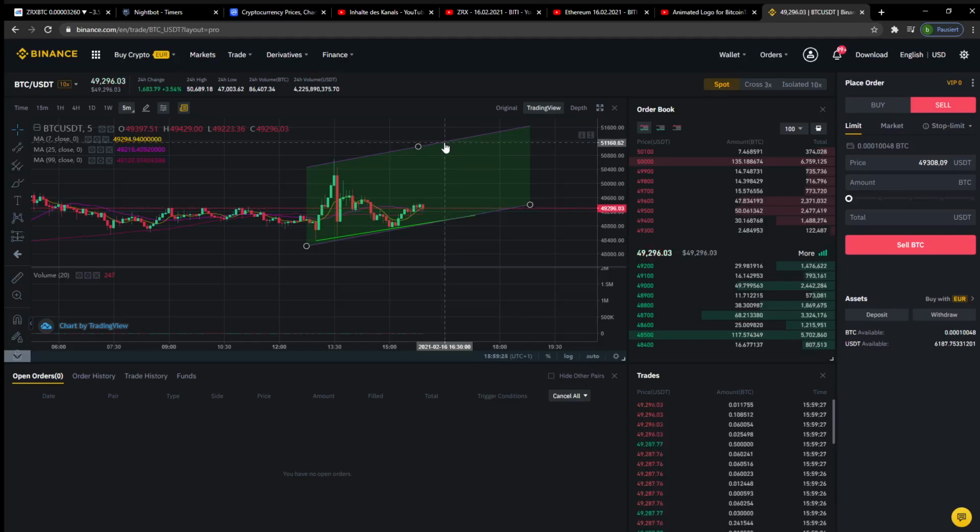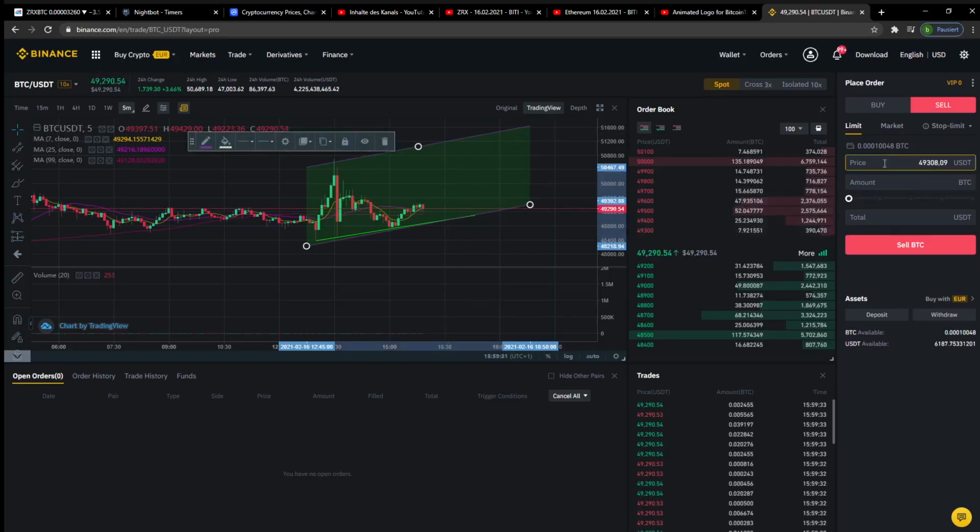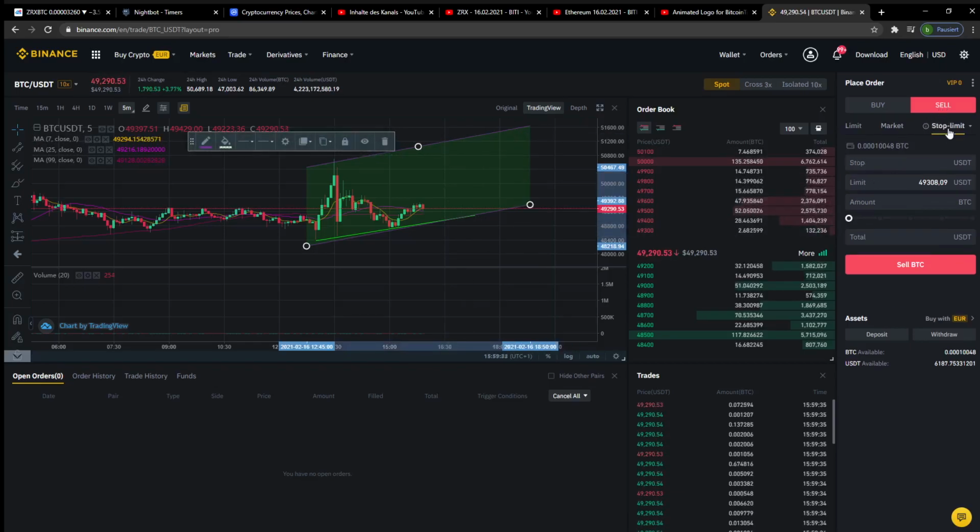So I would like to go to sleep, and Binance should automatically sell here on this point, 41,200. I would make a sell, a stop limit. I would write here in the stop 51,200, and my limit is always lower than this, so 41,100.